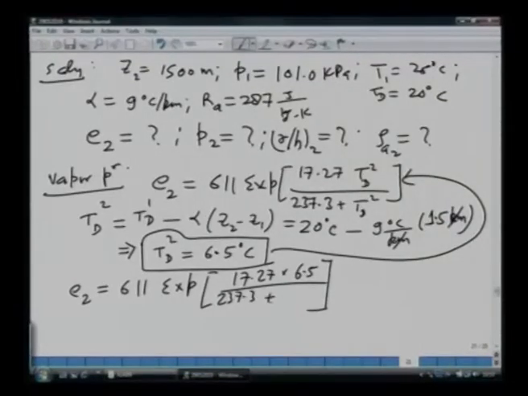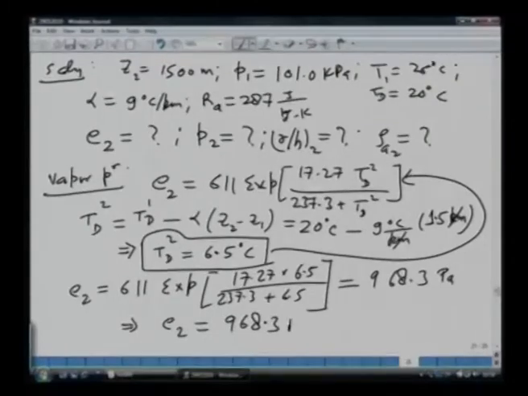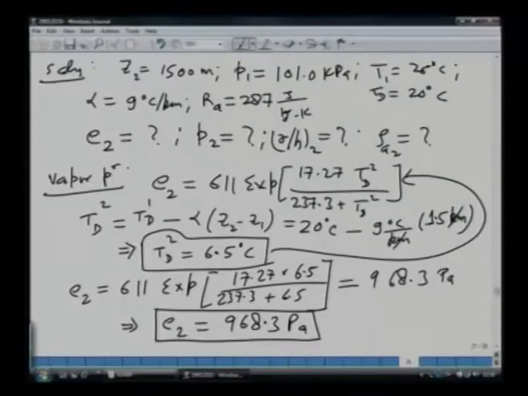Once you calculate that, it will be 968.3 pascals. So, one of the quantities which you had to find, the vapor pressure at a height of 1.5 kilometers, is 968.3 pascals. That is one of your answers.